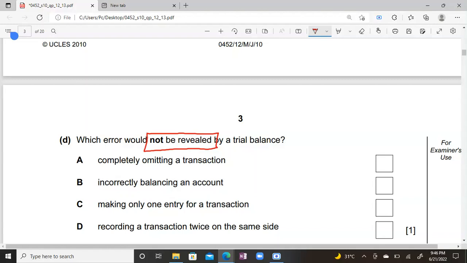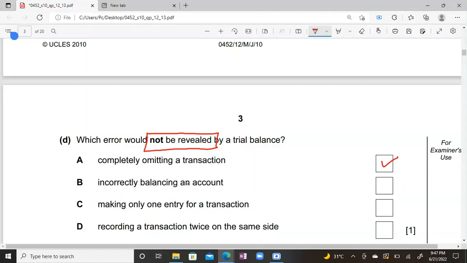So these errors do not affect the agreement of the trial balance, which means that even if the bookkeeper has made these errors, still our trial balance will be equal. So the first one is completely omitting a transaction. This is an error of omission. So this is your answer.